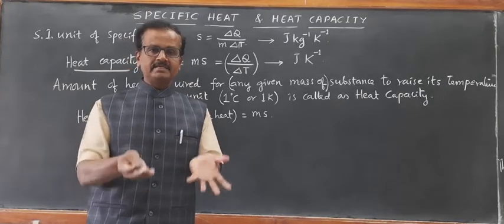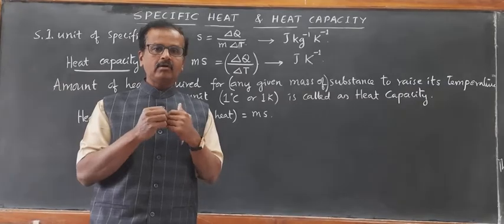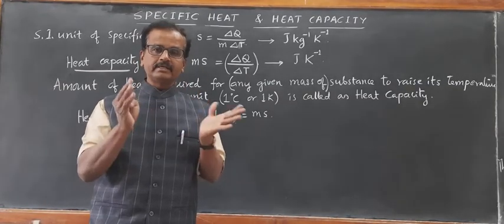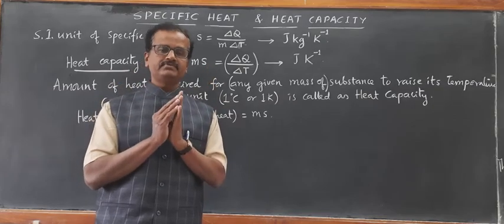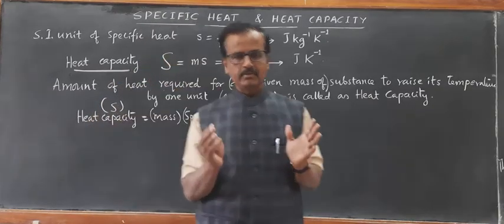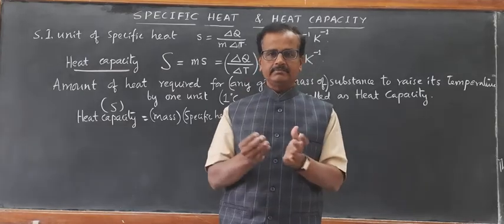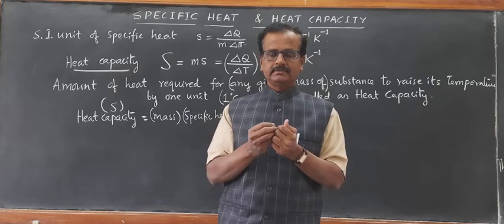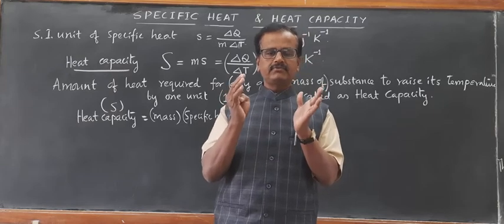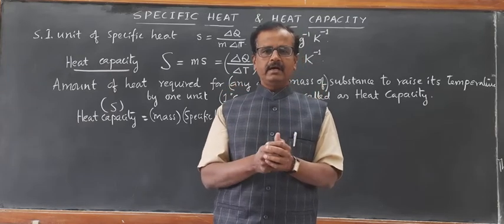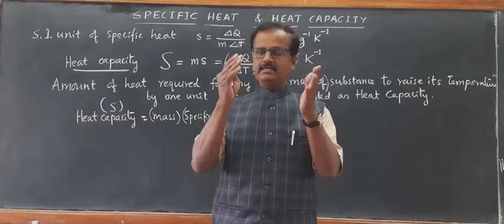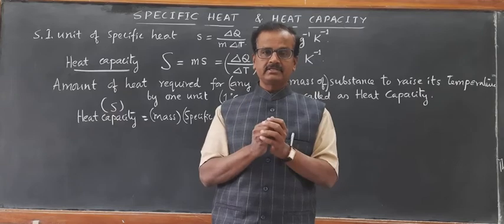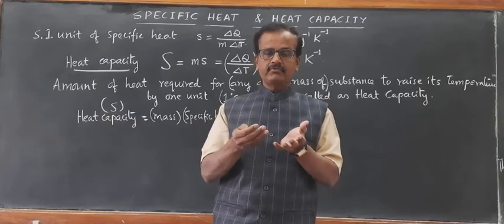Whether the amount of heat is absorbed while heating or released while cooling, in both cases we use the same term, that is specific heat. If you are heating the water, the substance absorbs the heat. In the previous example, we kept 2 liters of water on a burner and the temperature of water was raised by say 20 degrees Celsius. It means water has absorbed the heat from the source.